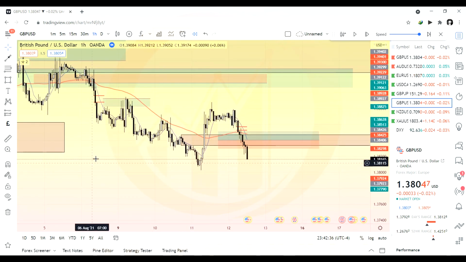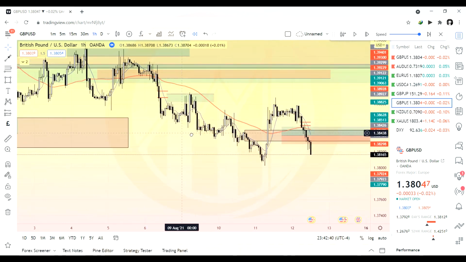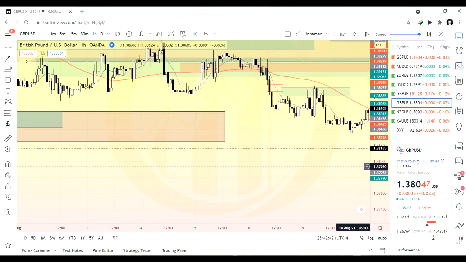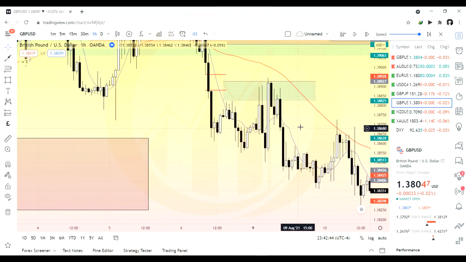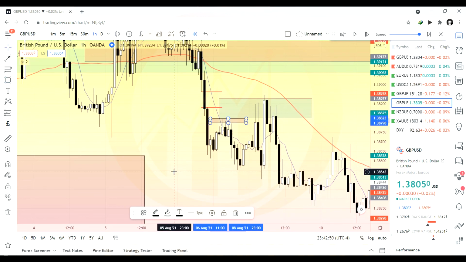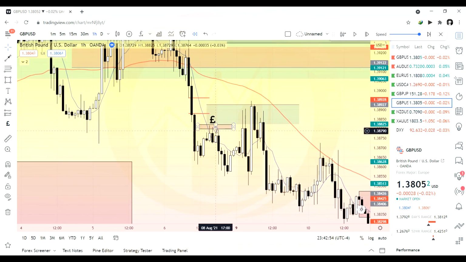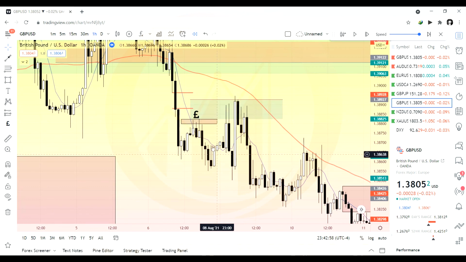So, for example, let's say we were here. What you would look for is areas of liquidity. Very small one right here. And you're going to look for the FEG that lies above liquidity, and you're going to take that one.